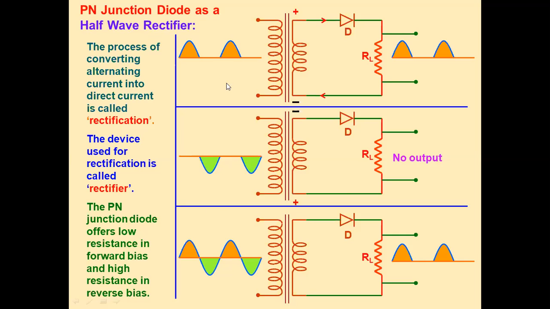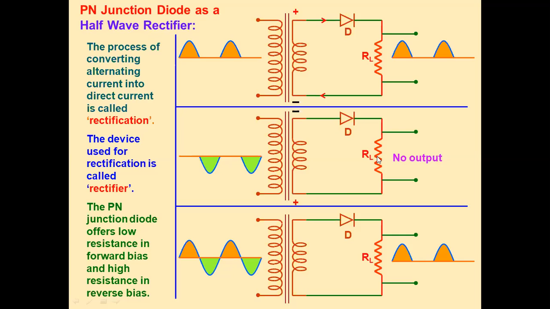In the first step, when this terminal is positive and this terminal is negative, this diode is in forward bias and current flows through this PN junction diode. So for the positive half cycle, you get this positive half cycle output. But when the negative half cycle is applied across this first terminal, this diode is in reverse bias.